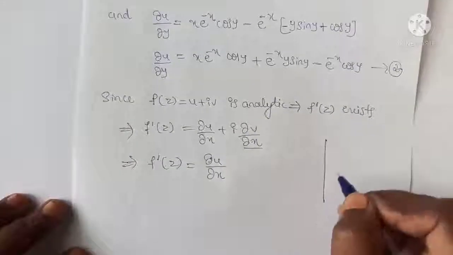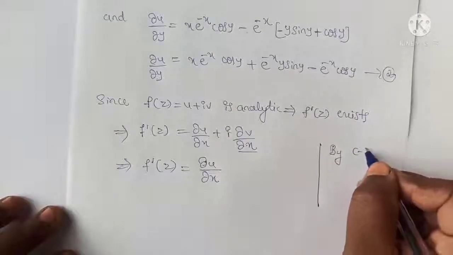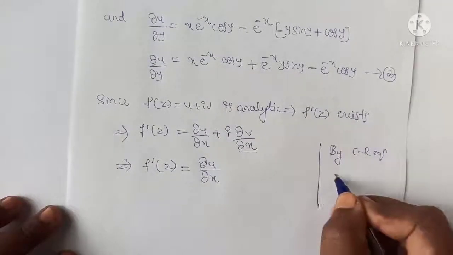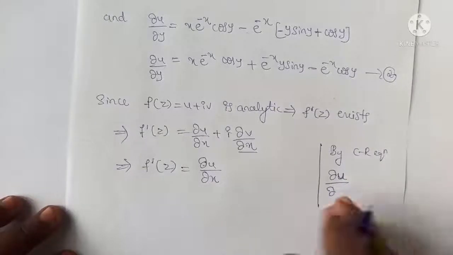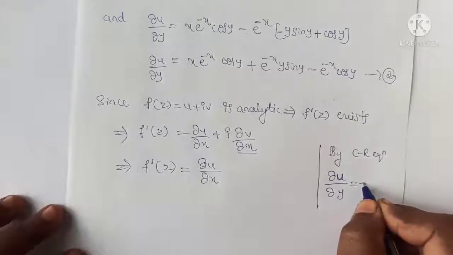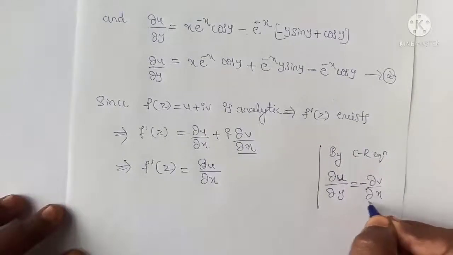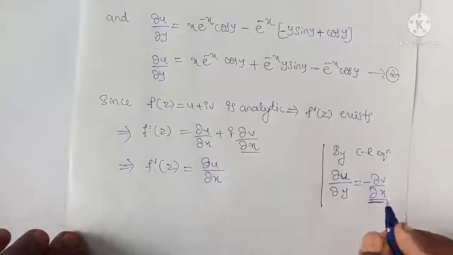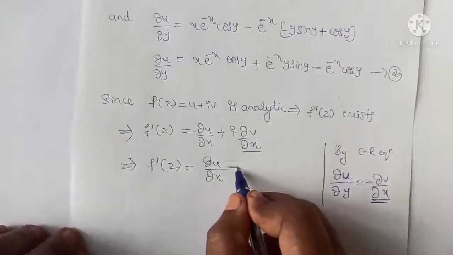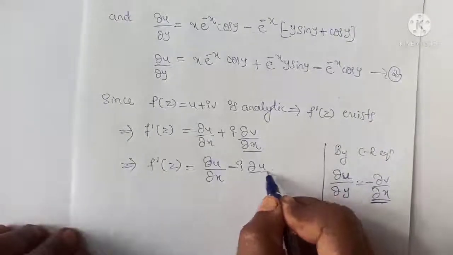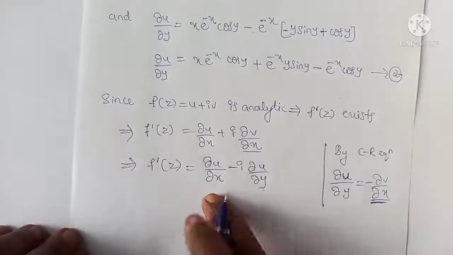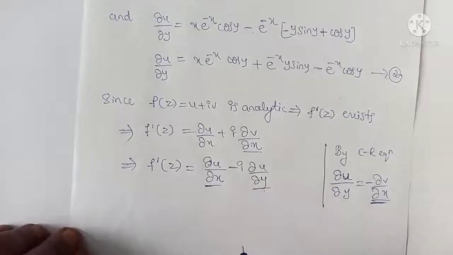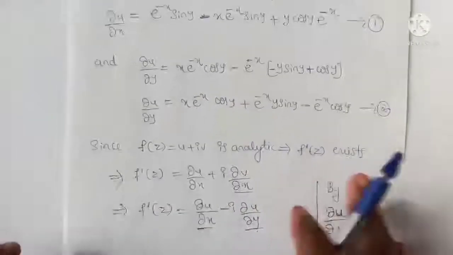So by the CR equation we have dou u by dou y is equals to minus dou v by dou x. So now we substitute this dou v by dou x value, that is minus dou u by dou y. Okay, so now in this equation we substitute dou u by dou x and dou u by dou y value from equation 1 and 2.